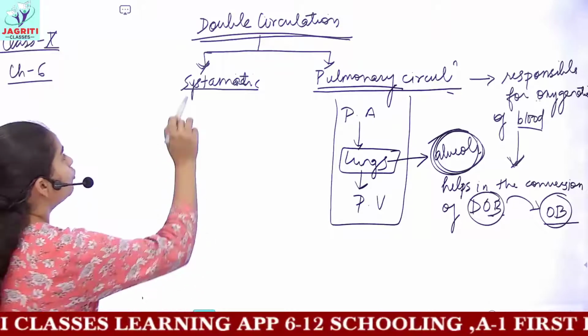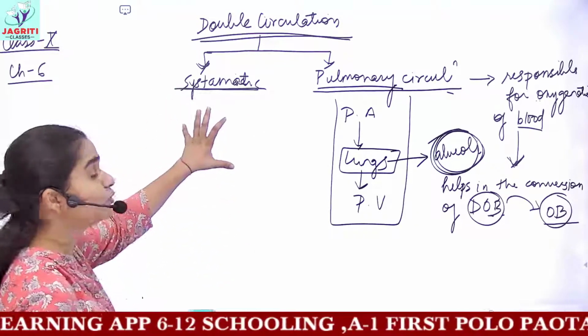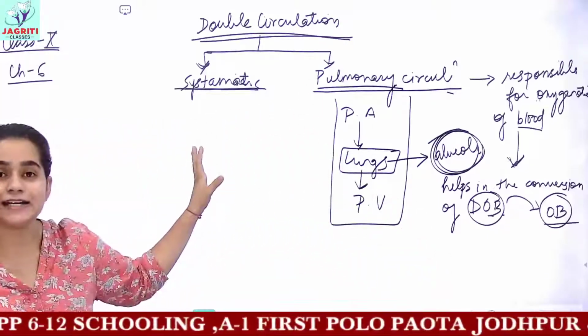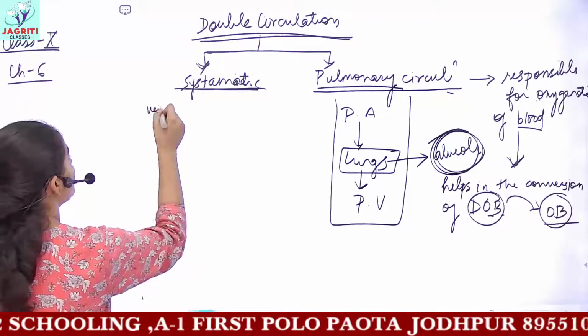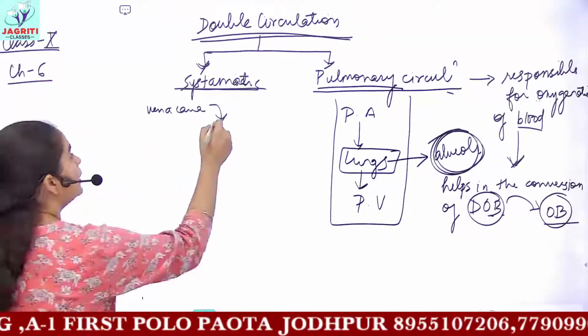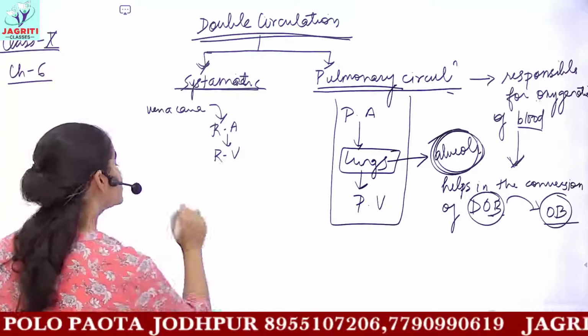Then we had, what do you mean by the term systematic circulation? All the circulation of blood except pulmonary circulation is systematic, that is starting from the vena cavas. The blood enters, as we have already done, the right auricle, then it enters the right ventricle and so on.